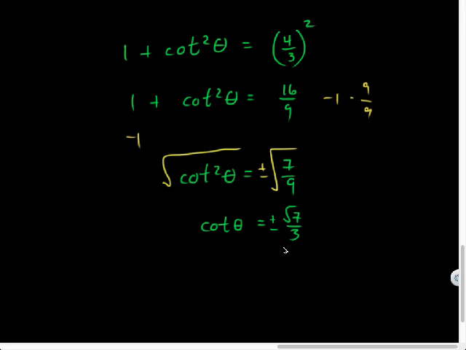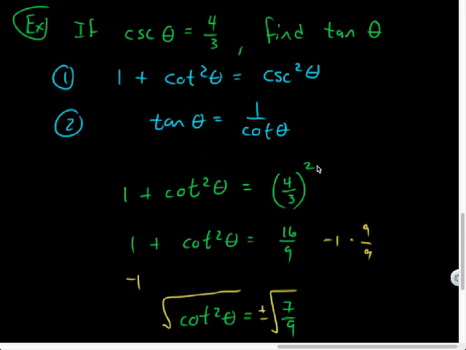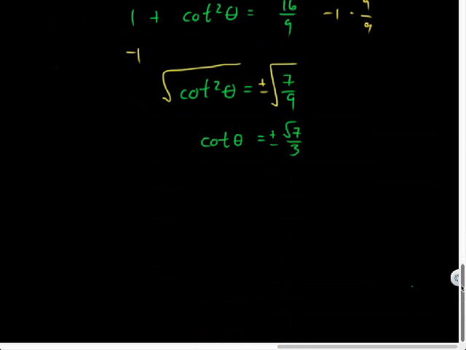So now let's find tangent, right? Let's see, I know this one. If I now plug this value in here, I can find tangent. That's not that bad. So that means tan theta is equal to 1 over this value. So that's equal to plus or minus 3 over the square root of 7 if I just reciprocate.